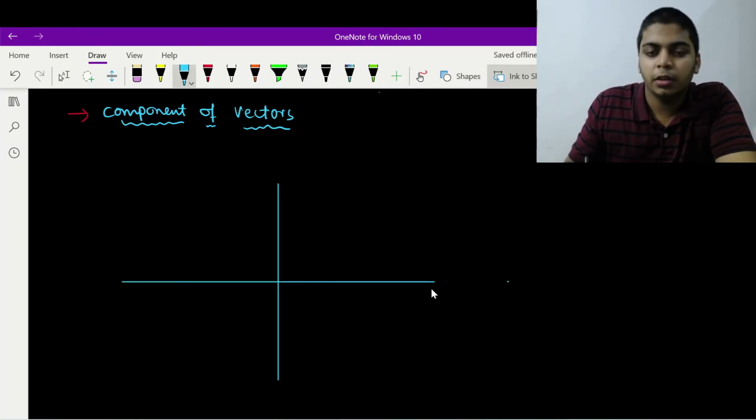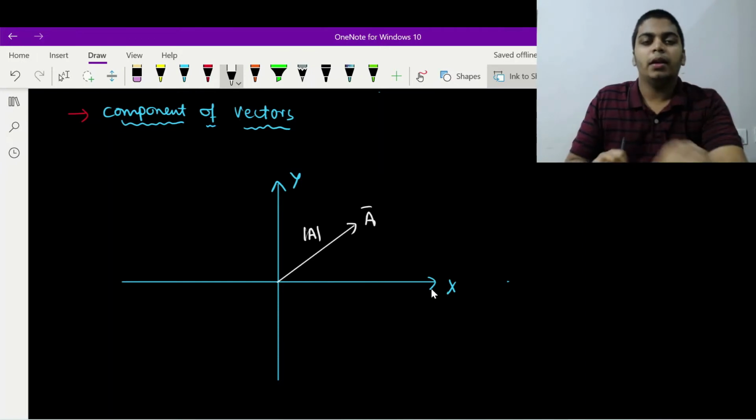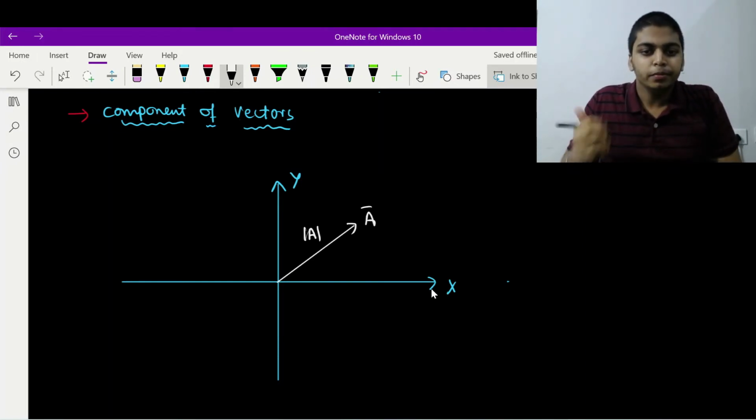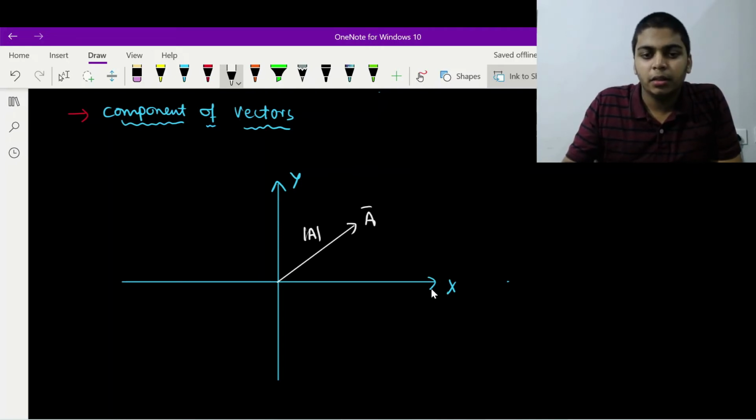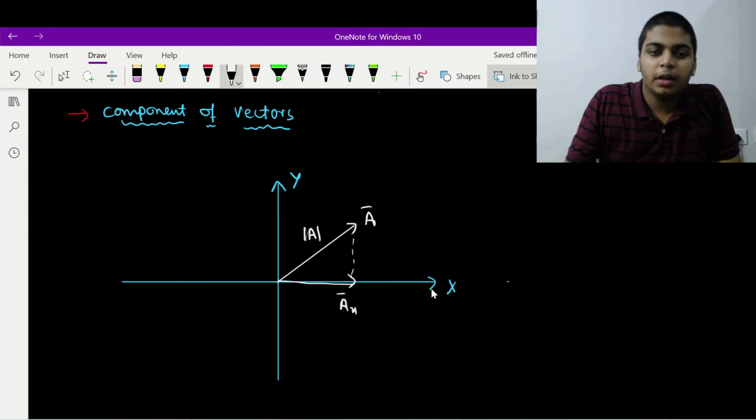If you are going to consider your coordinate axes, your x axis and your y axis, and there is some vector from the origin, let's say a bar, with a magnitude mod a, the component of this vector along the x-axis would be a x bar, and the component along the y-axis will be a y bar.